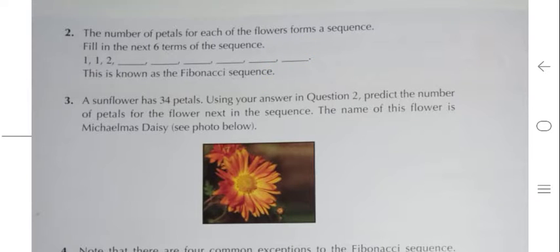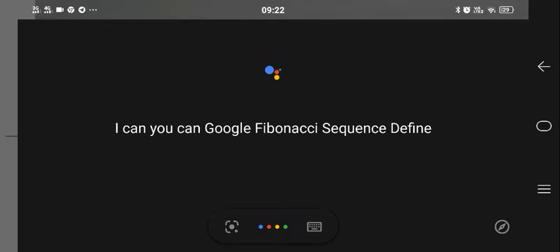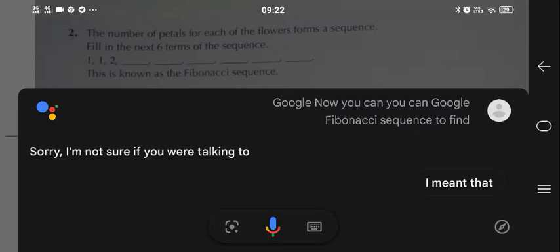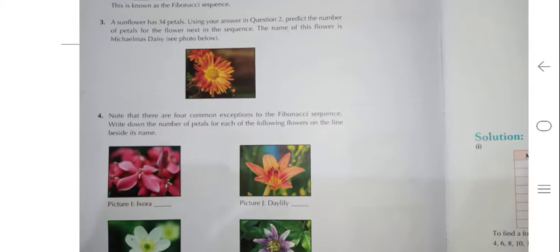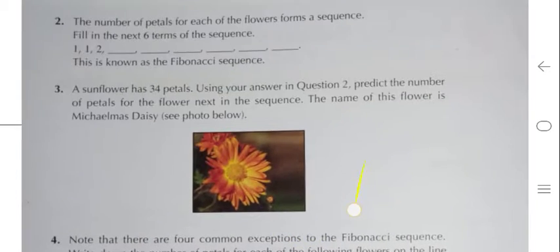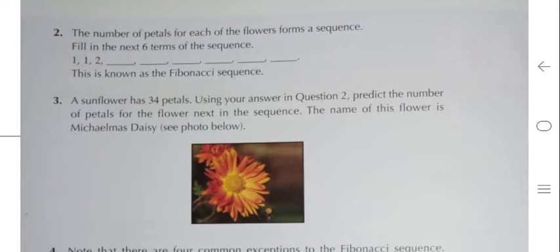Now, these actually form a Fibonacci sequence. For those of you who don't know the Fibonacci sequence, you can Google it to find out.